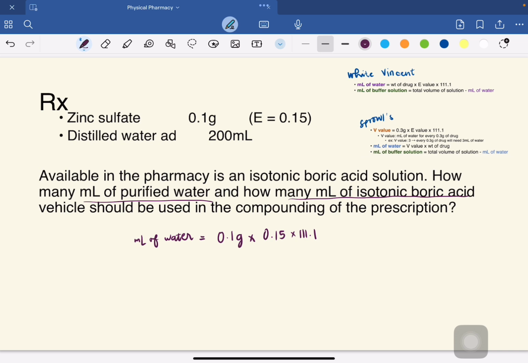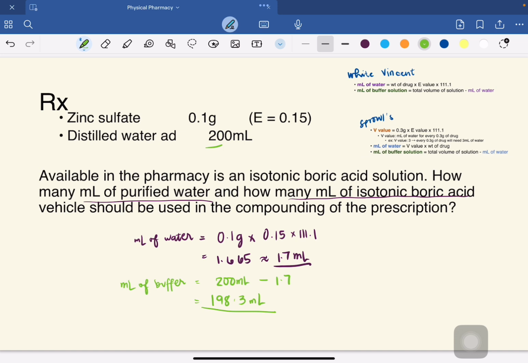This is equal to 1.665 or around 1.7. Now let's calculate the volume of the buffer solution, which is the total volume of solution, which is 200 ml, minus the volume of water, which is 1.7. So the answer to this is 198.3 ml. So those are our answers, 1.7 ml of water and 198.3 ml of buffer solution.